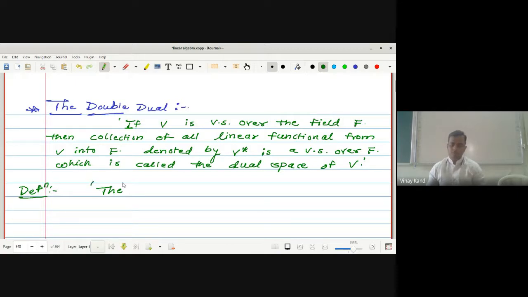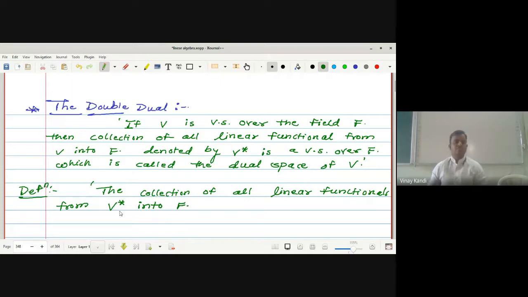The collection of all linear functionals from V star into F. ओके, इथे काय केलंय? व्ही स्टार तुमचा फंक्शनल डिफाइन केलं. कलेक्शन ऑफ ऑल लिनियर फंक्शनल व्ही स्टार इंटू एफ. ड्युएल मध्ये काय होतं? कलेक्शन ऑफ ऑल लिनियर फंक्शनल फ्रॉम व्ही इंटू एफ.